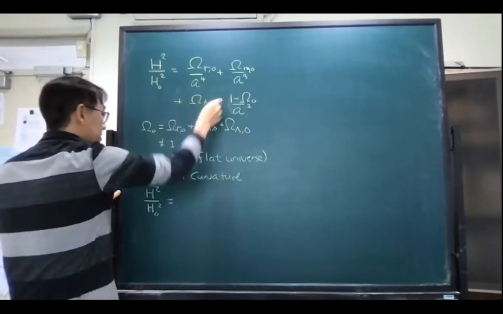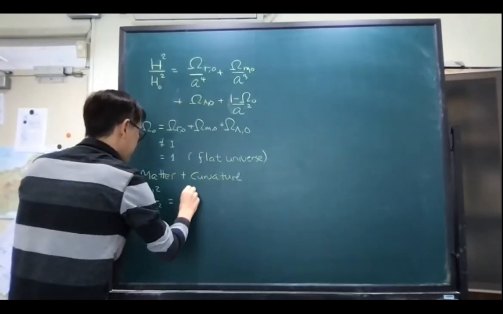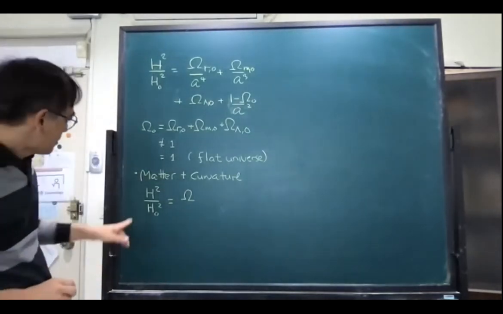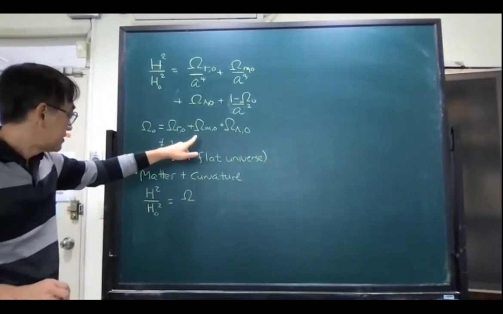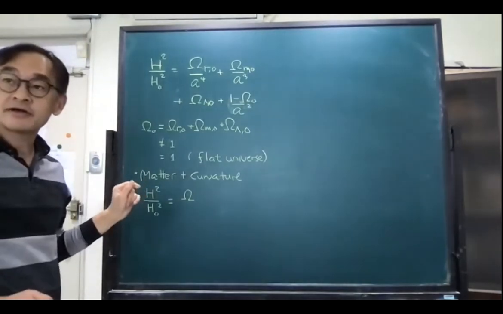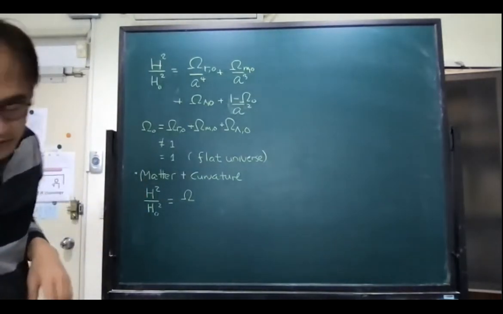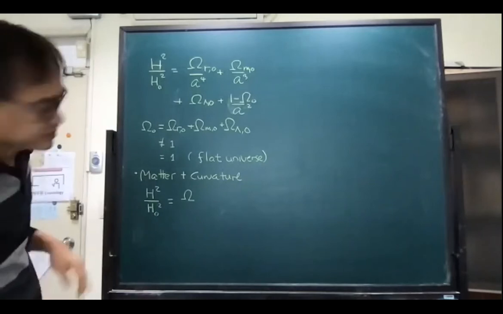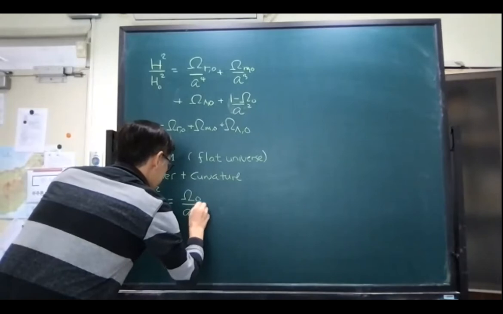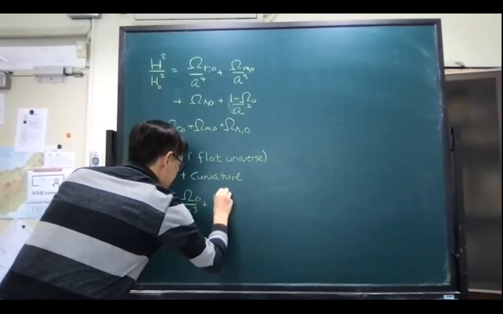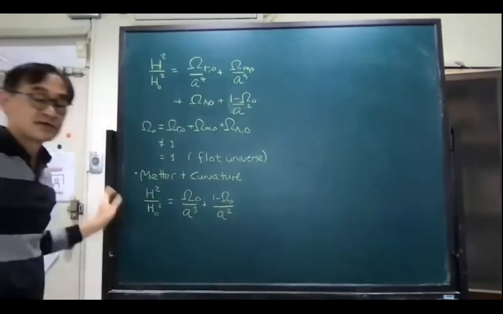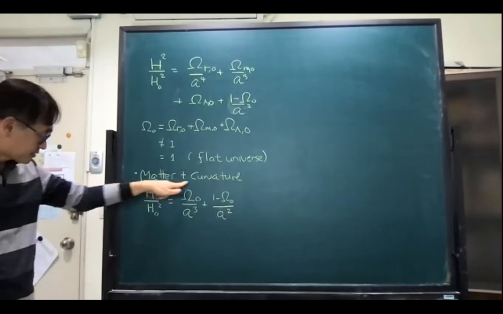I don't have radiation, I have matter. So omega. Now I only have the matter component, so I don't need any other subscript. So I write simply omega 0 over a to the power of 3 plus 1 minus omega 0 over a squared for the curvature term, because we are talking about matter plus curvature.